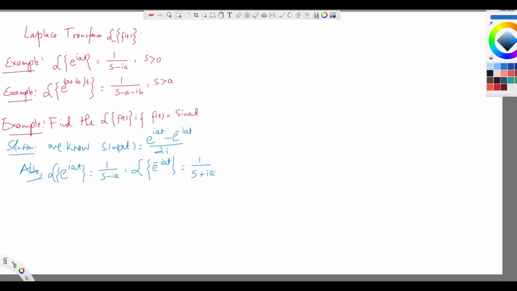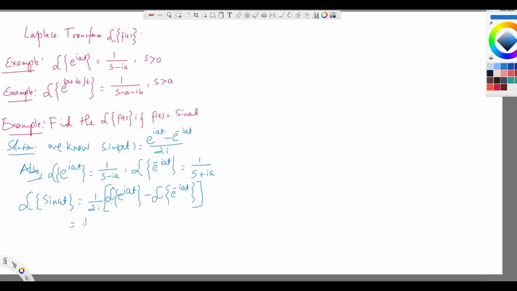And the Laplace transform of e to the negative iat, by the same technique, is 1 over s plus ia. Now you combine that. If you take 2i out, because of the linearity of the Laplace transform, the Laplace transform of sine at equals 1 over 2i times the Laplace transform of e to the iat minus the Laplace transform of e to the negative iat. Since 2i is a constant, I pull that out.